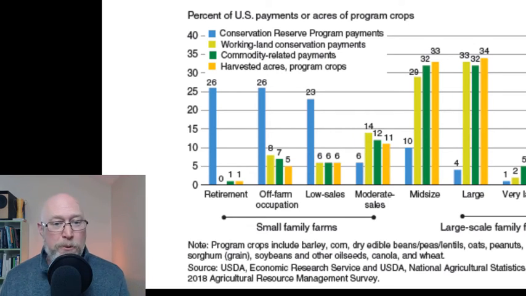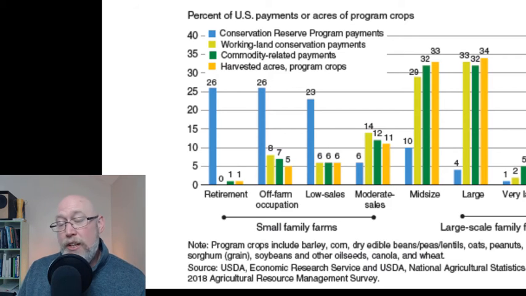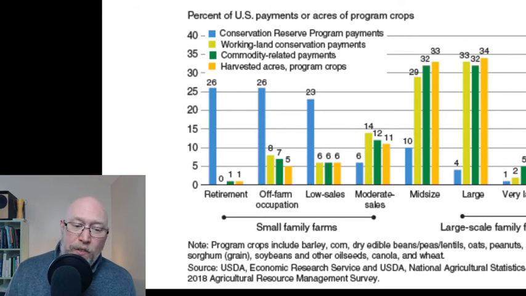These are that 41% that claim that their main job is not farming. So in this one category of government payments, Conservation Reserve Program payments, well over half of the money is going to people that I don't consider farmers.